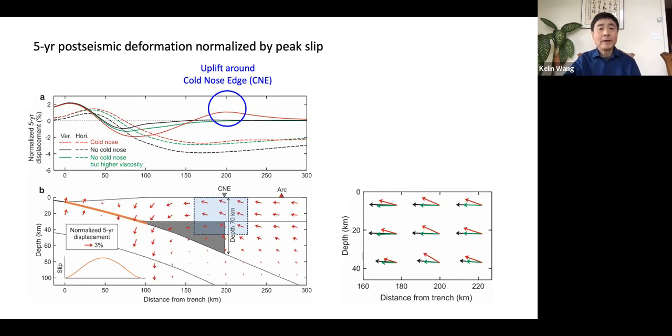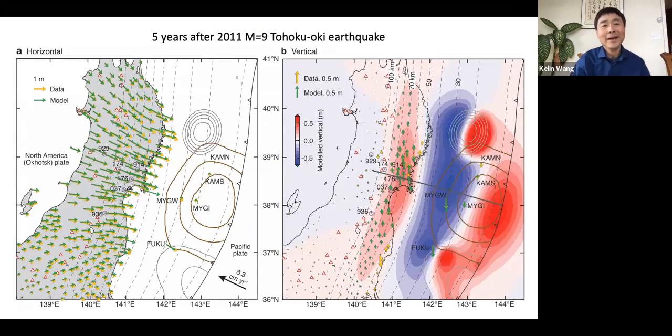Having understood the mechanism, let's look at some real earthquakes. Of course, we go back to Japan first, and the Japan earthquake in 2011 was recorded by many geodetic stations, GPS stations. And what's shown here is the post-seismic deformation 5 years after that earthquake, again recorded by so many stations.